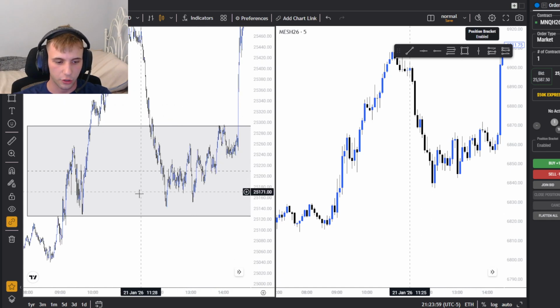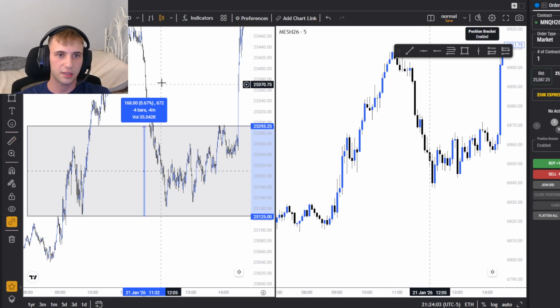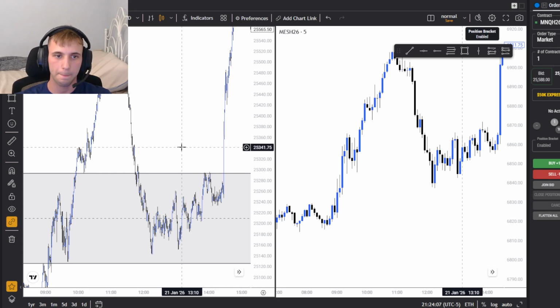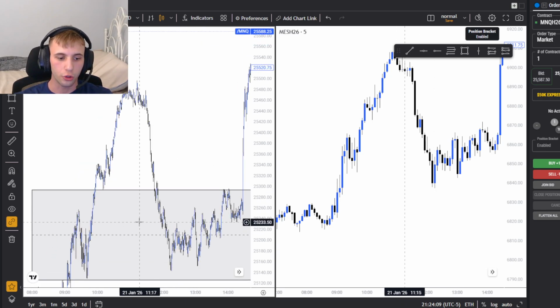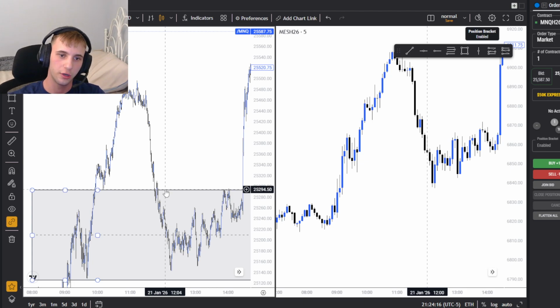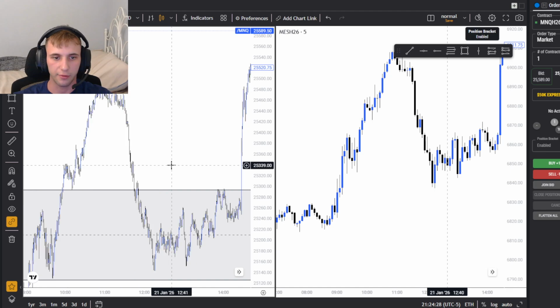This gap is huge. It's a 168 point gap, give or take. So if you put your take profit on this short position at the wrong level, you could be leaving a lot of profit on the table.